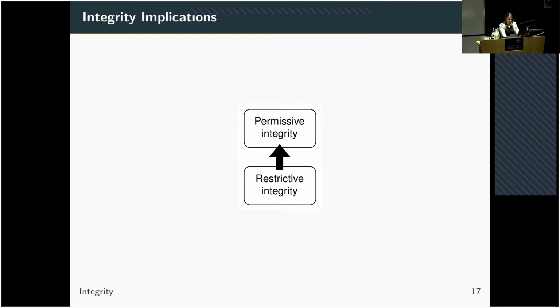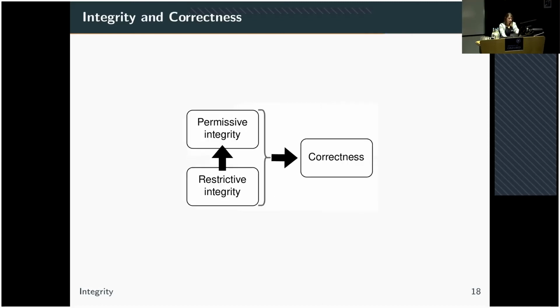Then there's another implication, namely between integrity and correctness. I haven't talked about correctness today, but we can still get to understanding this, because the integrity definitions both compare the snapshot contents to the actual memory contents.